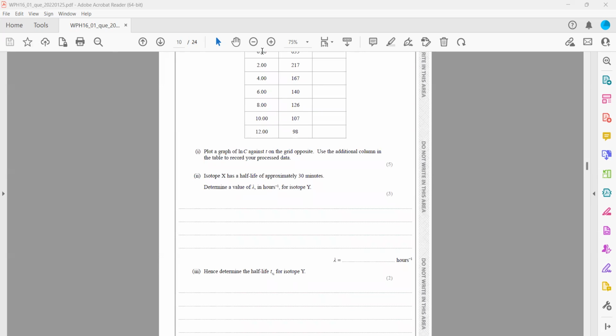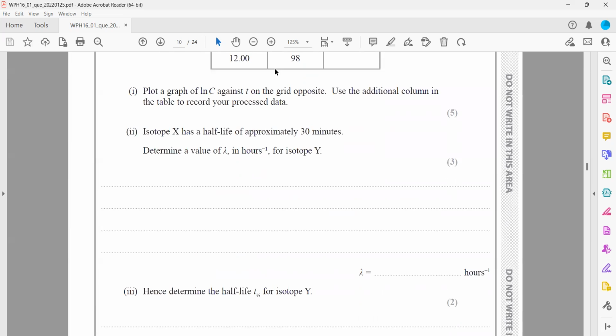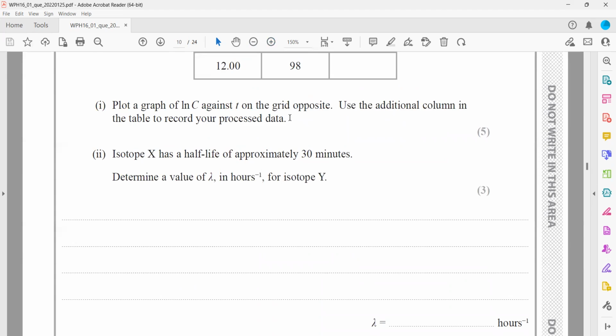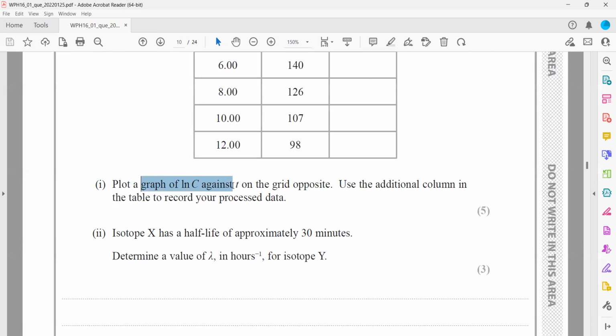So these are the two parts. The isotope X has a half-life of 30 minutes. Determine lambda in inverse hours for isotope Y. So how can we determine the half-life of the isotope? For this part, we have to plot a graph of ln C and use an additional column.